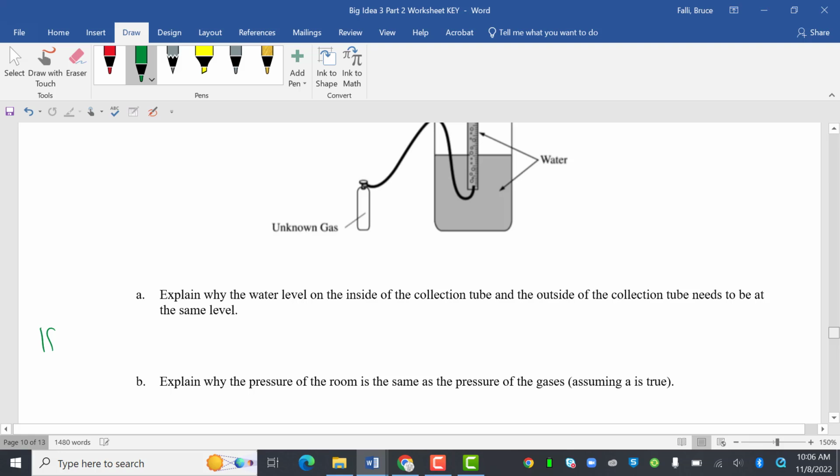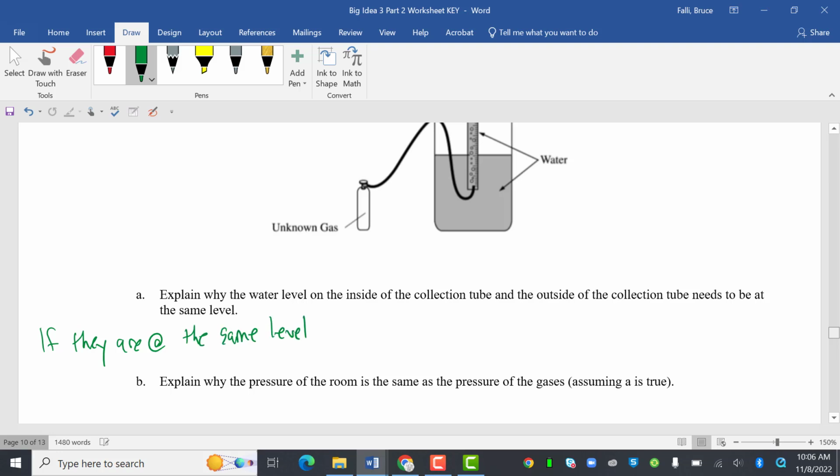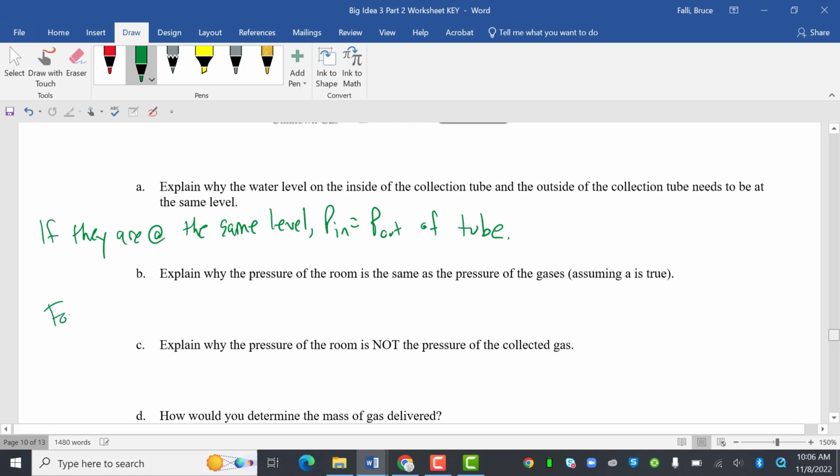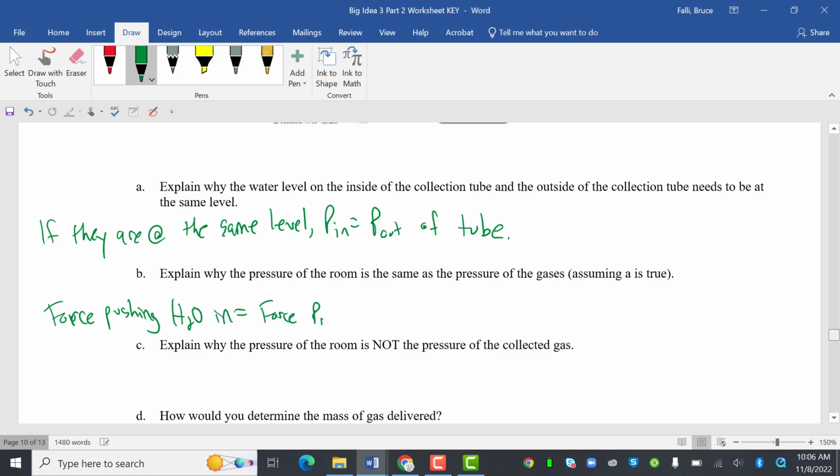So if they are at the same level, P in equals P out of tube. Explain that the pressure of the room is the same as the pressure of the gases, assuming A is true. Force pushing H2O in equals force pushing H2O out.